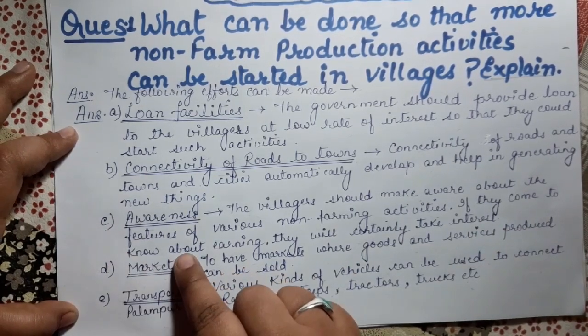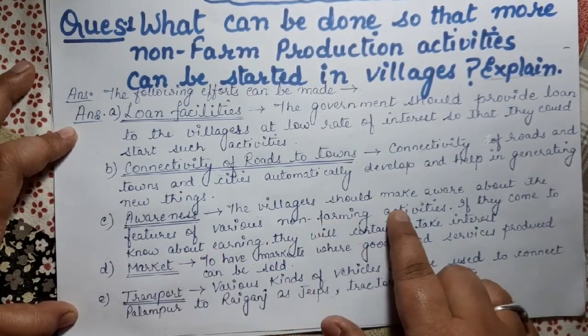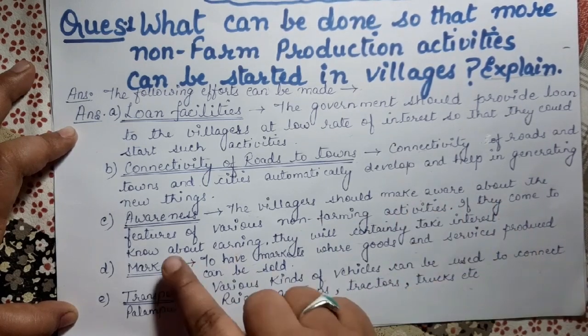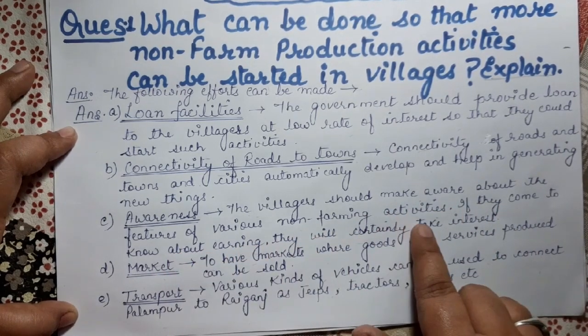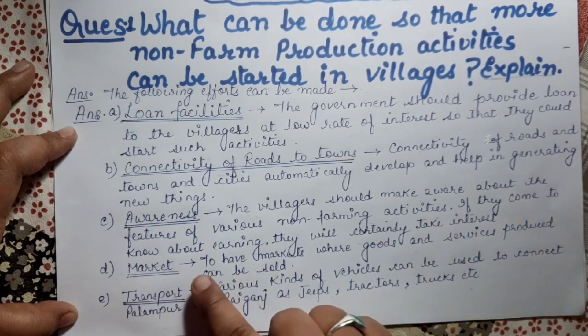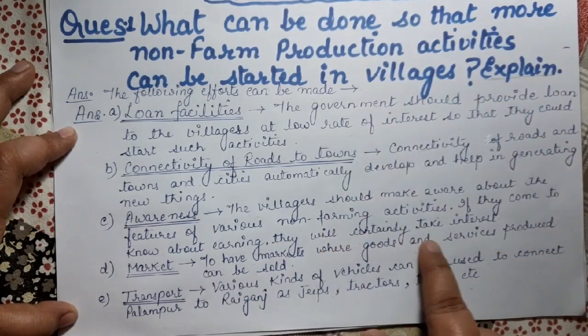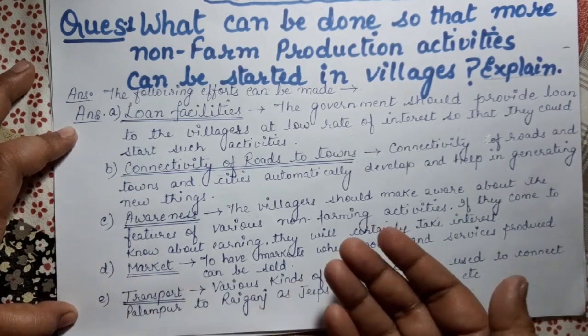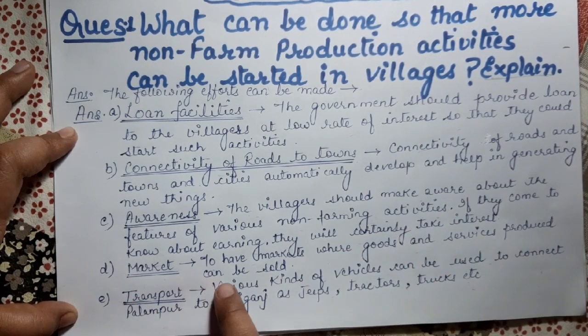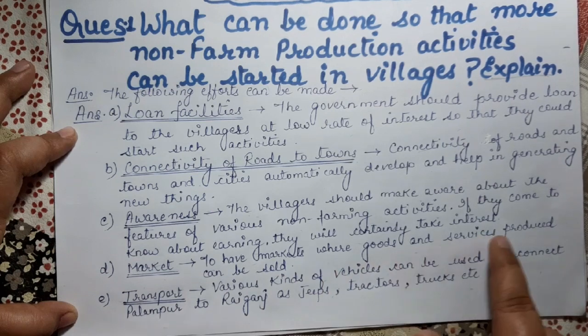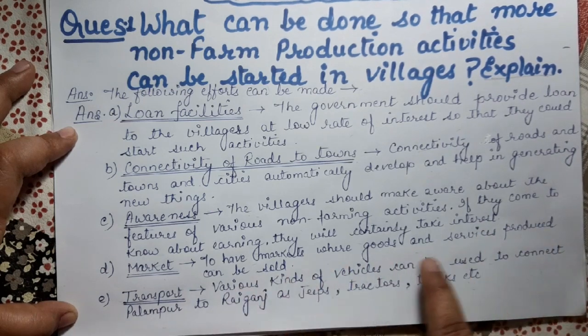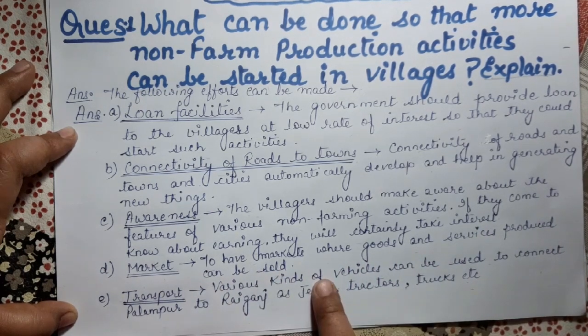Third, awareness. The villagers should be made aware of the features of various non-farming activities. If they come to know about the earning, they will certainly take interest. Now D, market. There should be markets where goods and services produced can be sold.